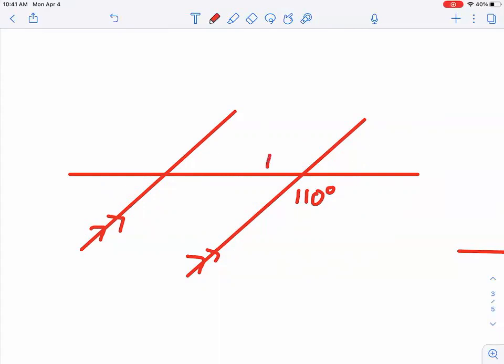So with that 110 degrees, I know its vertical is 110. I know that this angle has to be 70, because remember, they have to add up to 180, right? 110 plus 70 is 180. And so I know that that guy is also 70.